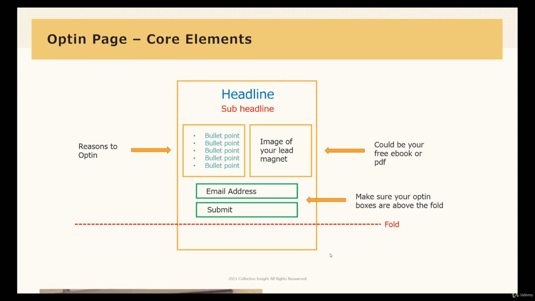You want to make sure all these important elements, the headline, the bullet points, the lead magnet, and the submit button are above the fold, so people don't have to scroll down to see them. They will see it right away. Underneath the fold, you may put whatever you like. It could be additional information, or a picture of you and your bio, to tell people who you are and who they are opting into. So that's a general rule right here.